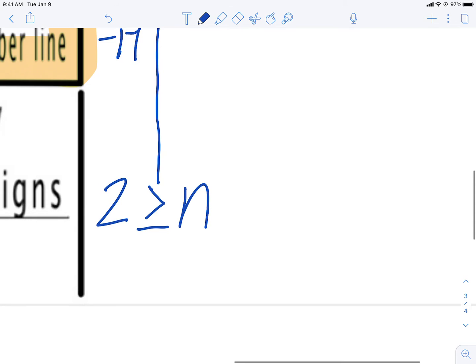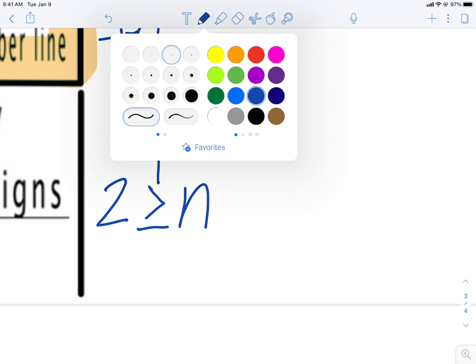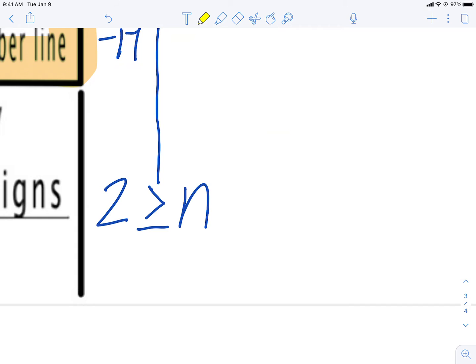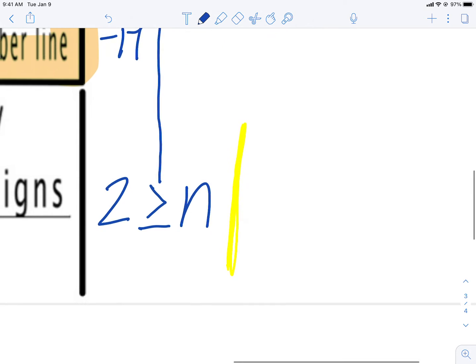I'm going to mirror. Imagine there's a mirror right here. If there was a mirror there, so let's draw the mirror actually. So there's a mirror right there. If I draw that mirror, that means that n is going to be first. What's going to happen to this little arrow here if it's a mirror?